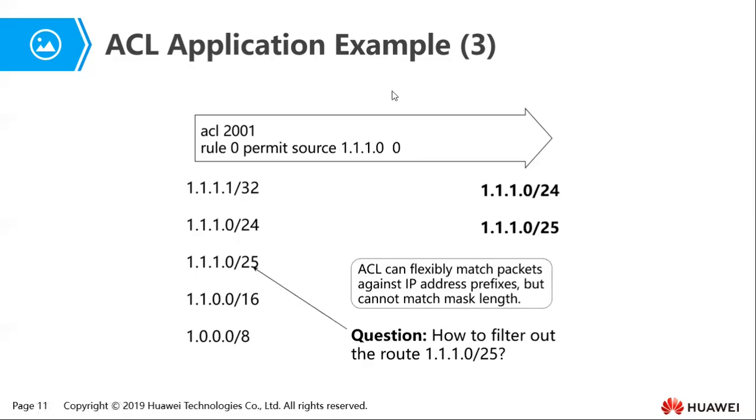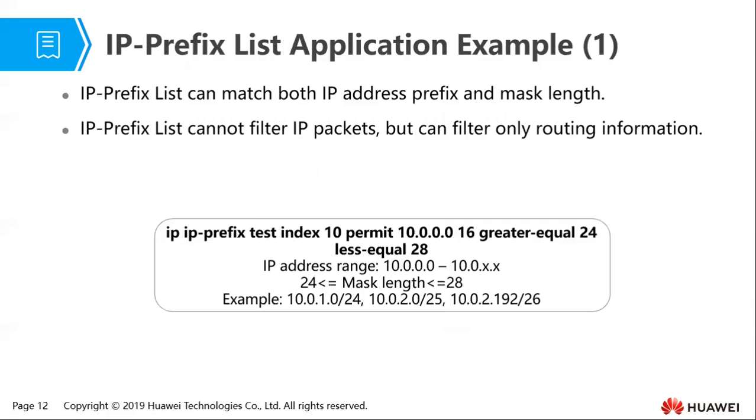That's the biggest undoing of access control lists. Now to cater for that, we have what we call IP prefix list.